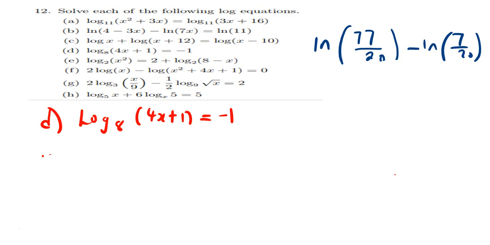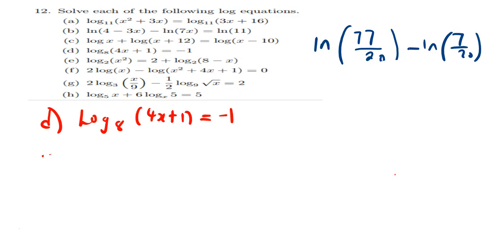Okay, solve each of the following equations. For me to solve this one, I'm going to convert it to an exponential function, to make my work as simple as possible.